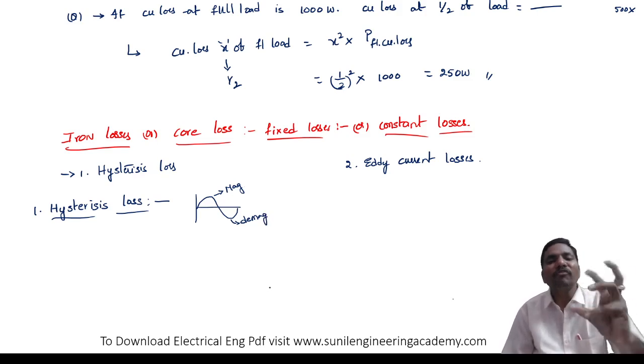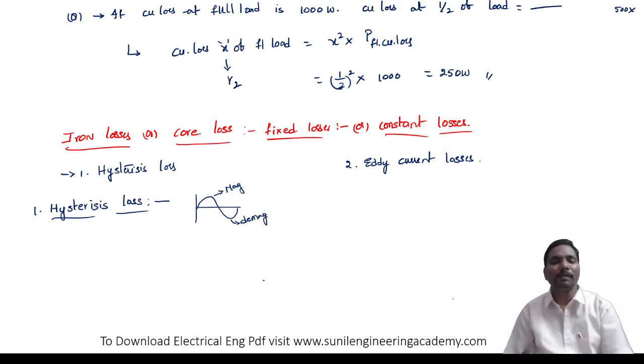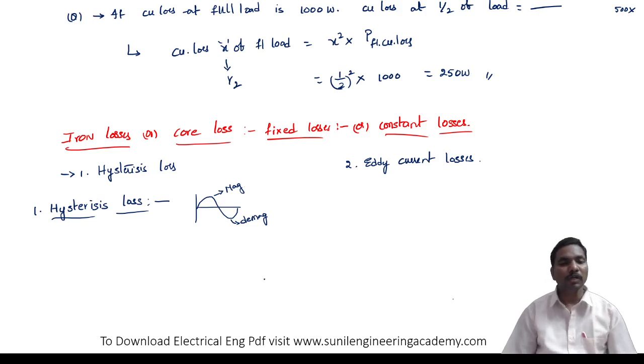Due to this reversal of magnetization and demagnetization, we have some losses. Those losses are nothing but hysteresis losses. Reversal of magnetization means half cycle is magnetization and half cycle is demagnetization.